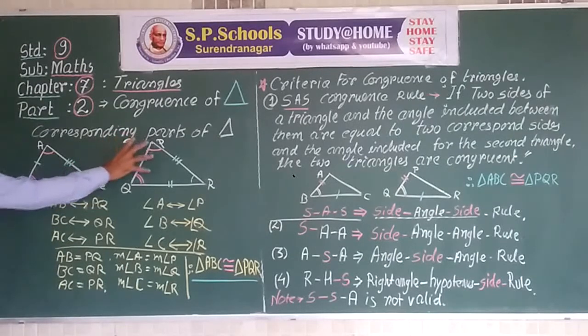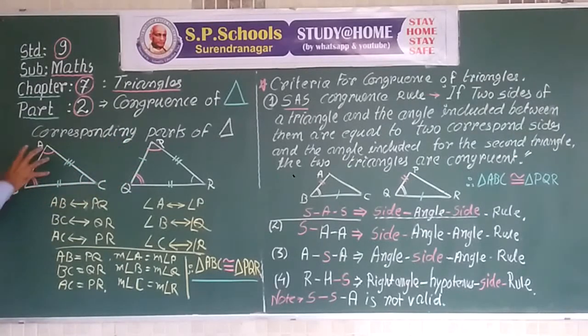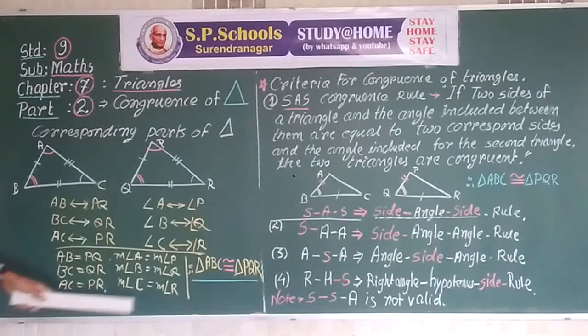And if you take this triangle PQR and put over triangle ABC, if angle A is equal to angle P, angle B is equal to angle Q, and angle C is equal to angle R, and length of AB is equal to length of PQ, length of BC equal to length of QR, and length of AC equal to length of PR, then we say that these two triangles are congruent.